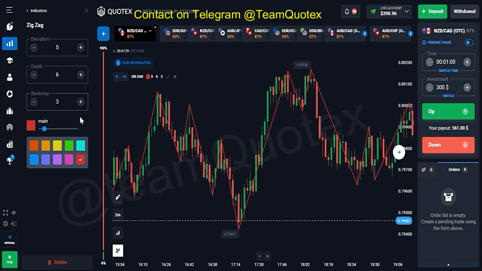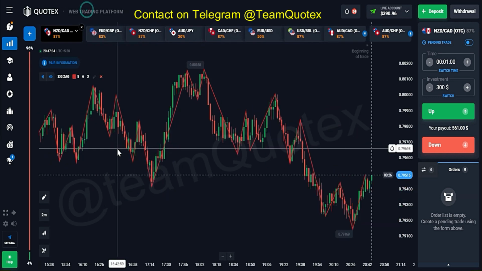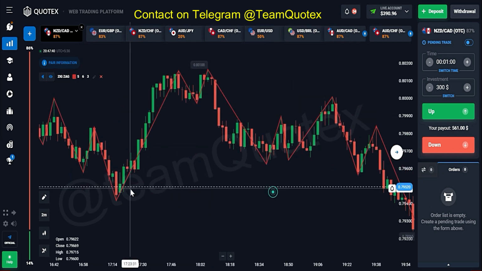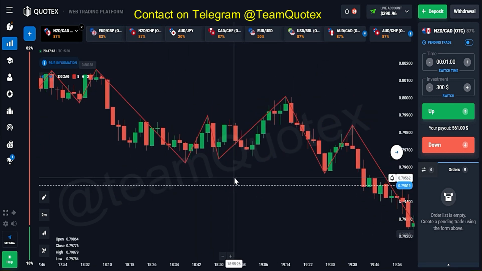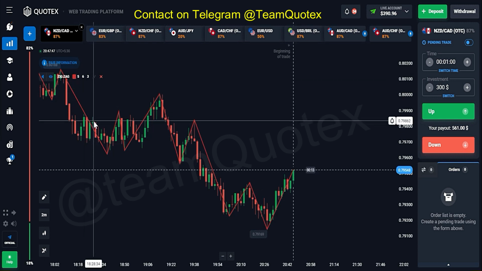When I am using 6, I can easily find all the levels, all the high points and low points of the price, whether in down direction or in up direction. So now every low or every high I can see by using the zigzag with the values 5, 6 and 3.